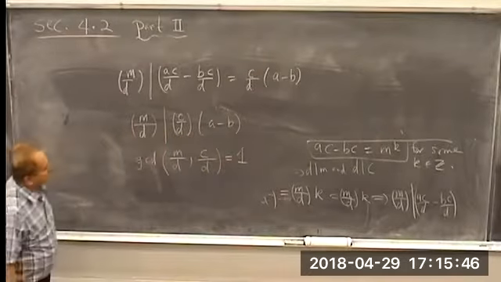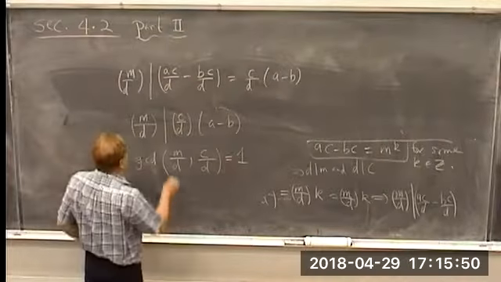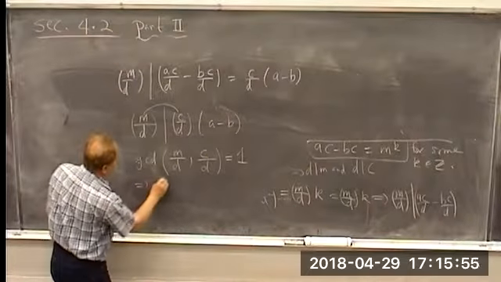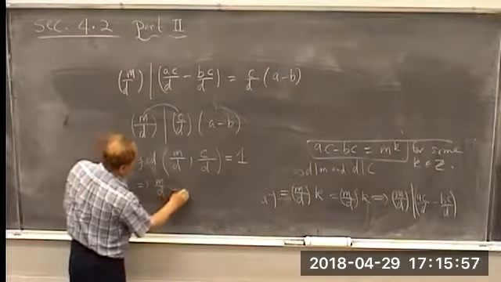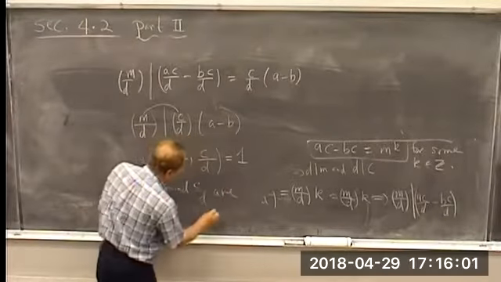We proved this property. So it means that these are relatively prime. So this implies that M over D and C over D are relatively prime.